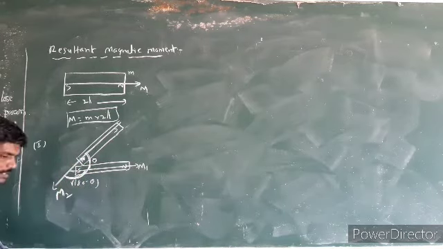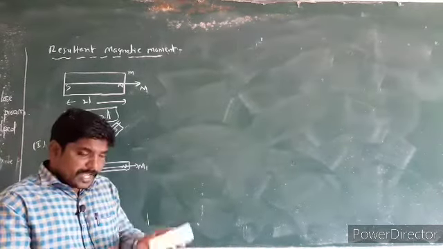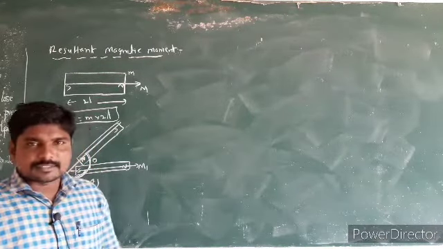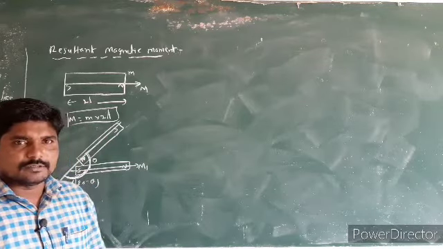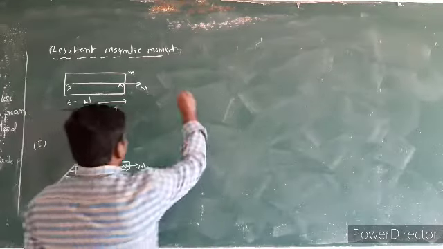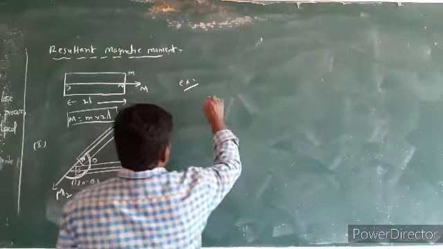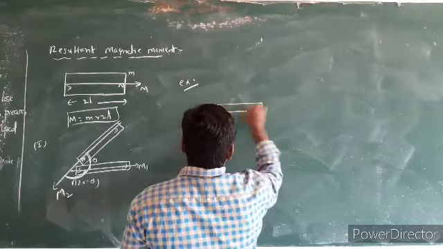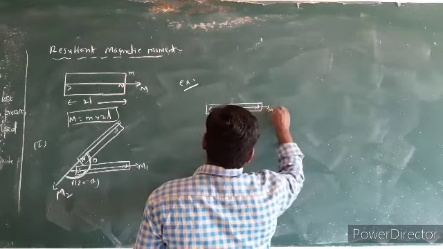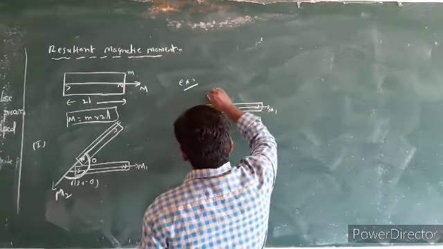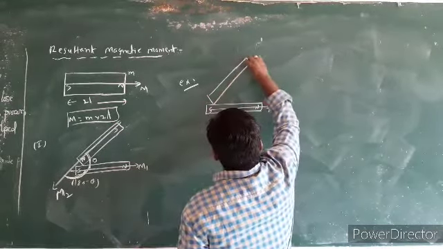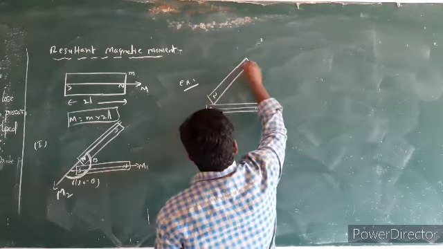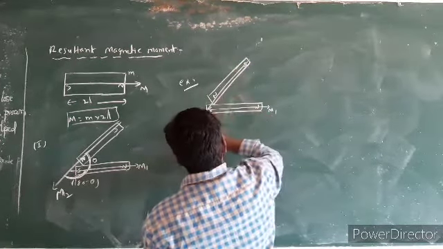If unlike poles are in contact, and the angle between the axes of the two magnets is considered as theta, then the angle between the magnetic moments is 180 minus theta. We have to take it like that. One example for this: two bar magnets of magnetic moment, this is M1 and this is M2.